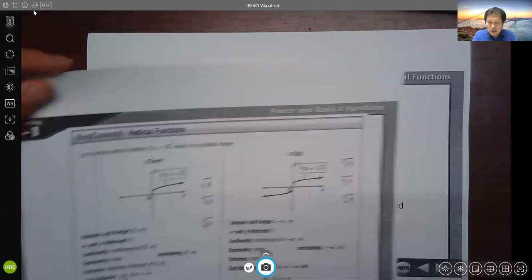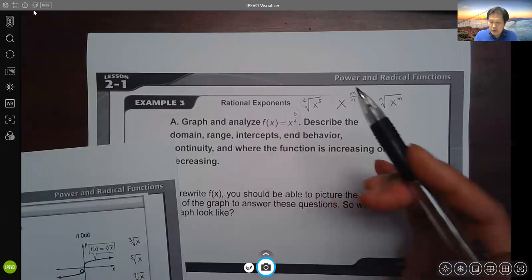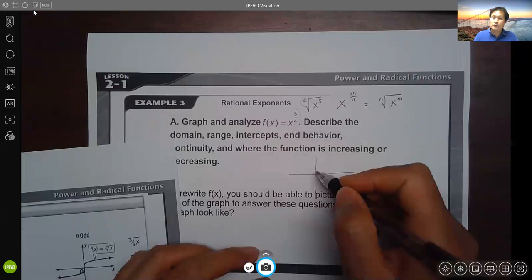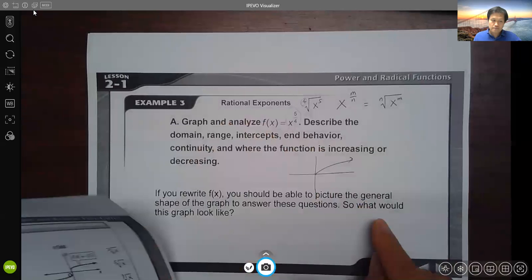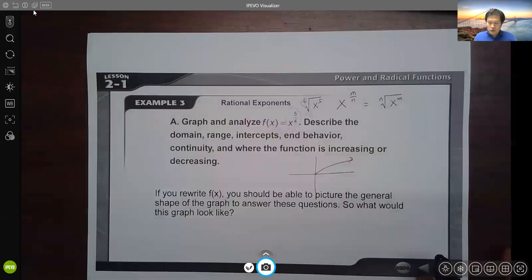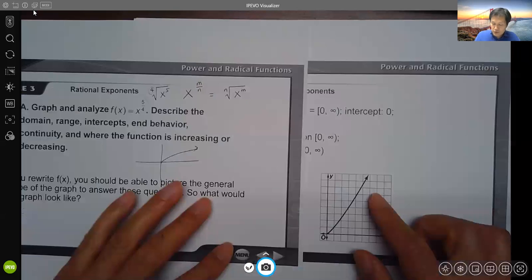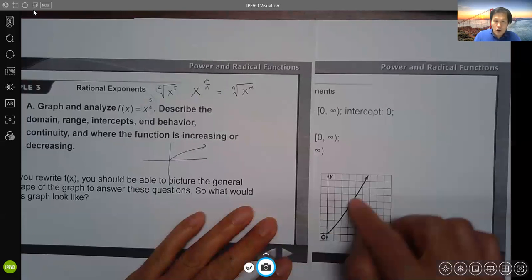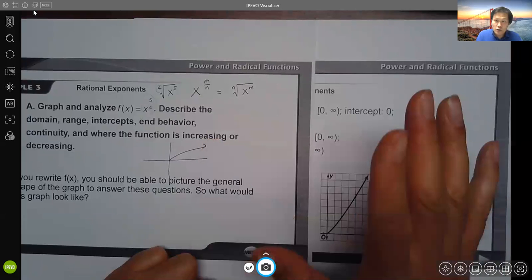So all I look at is this fourth root, that's even. So all I can say is I know something's going on the right. Nothing's going on the left. That I can tell. Okay? If you graph using a graphing calculator, this one is kind of going up. But all I'm saying is we have some action on the right.